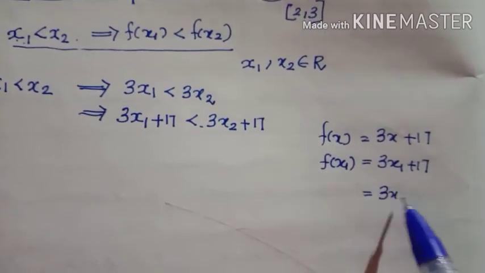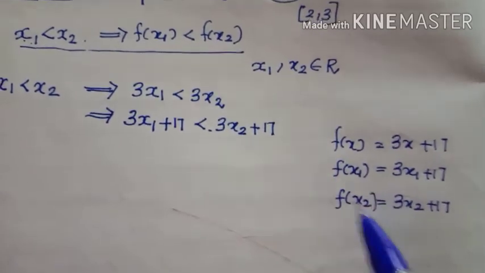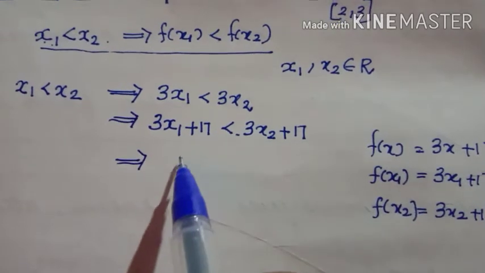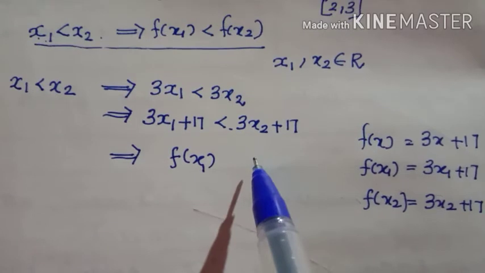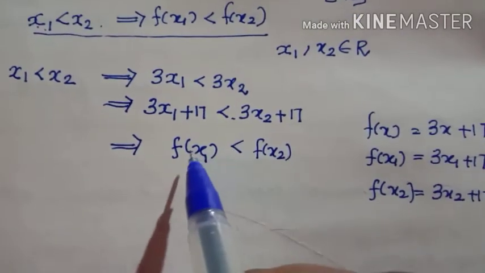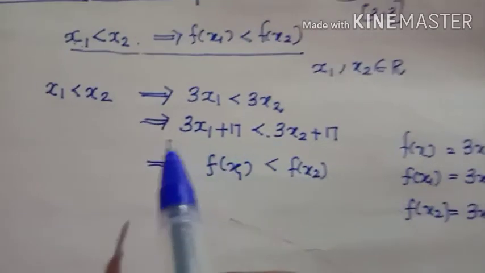What is 3x2 plus 17? It is f of x2. Therefore, we have f of x1 is strictly less than f of x2.